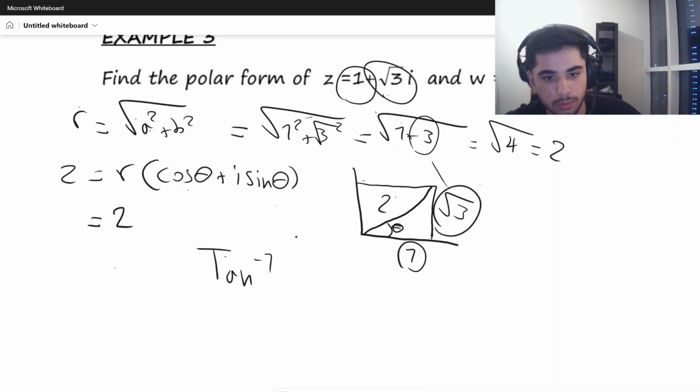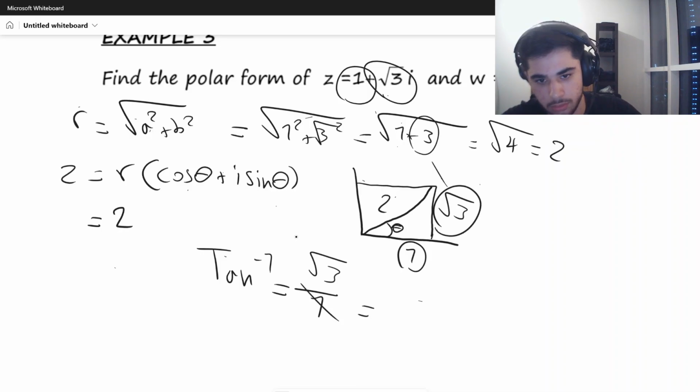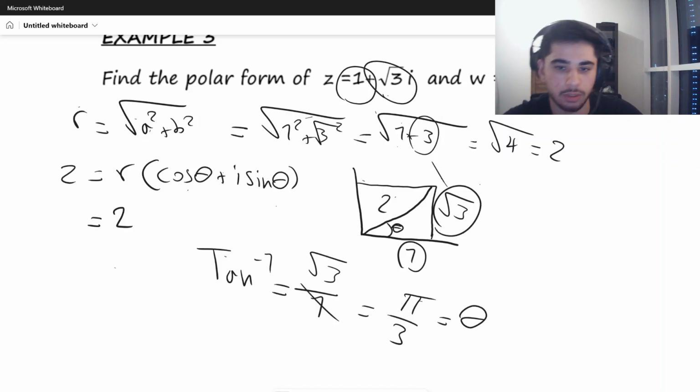Tan minus 1 equals opposite over adjacent, so root 3 over 1, which is basically just root 3, which comes out to pi over 3. Okay, so now we know our theta is pi over 3.